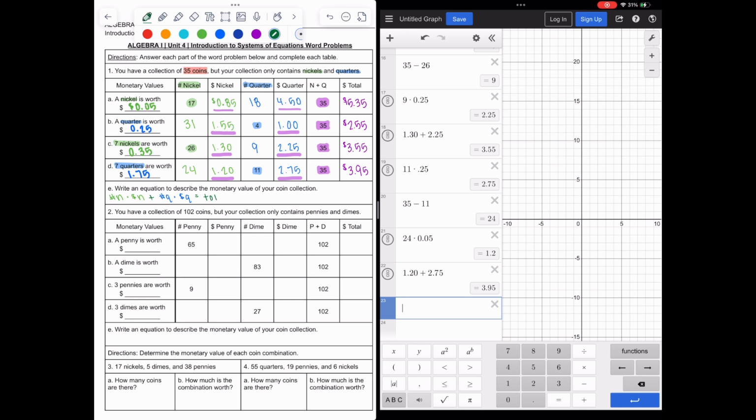I'm not going to use a y or anything like that here because I'm going to use a y for my quarters, but just a little bit more standard form. You might say that you have 0.05 times x, or the monetary value of a set of nickels, added to 0.25 y, or the monetary value of a set of quarters.